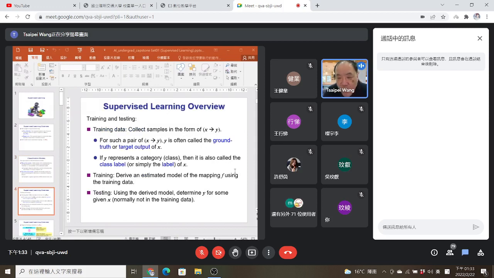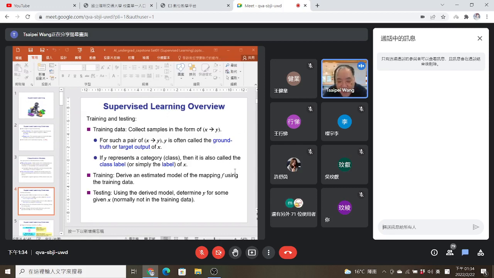Very quickly, we go through the steps of supervised learning. Basically, you need training data. Training data are those that come with the correct answers, which we call ground truths, or if they correspond to particular classes, we call them class labels. For the training process, you feed the classifier with your training data, and you try to modify that function f.